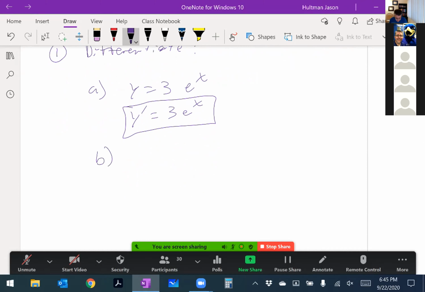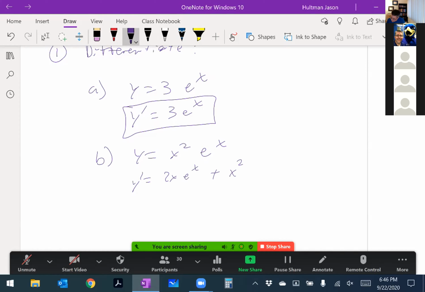What about b? y equals x squared e to the x. Here we're going to want to use the product rule. So y prime is the derivative of the first, 2x, times the second, e to the x, plus the first times the derivative of the second. But what is the derivative of e to the x?